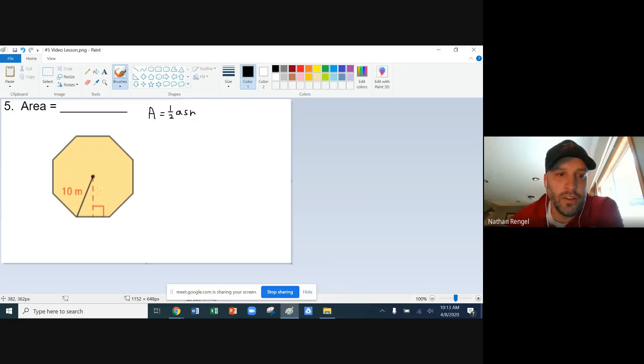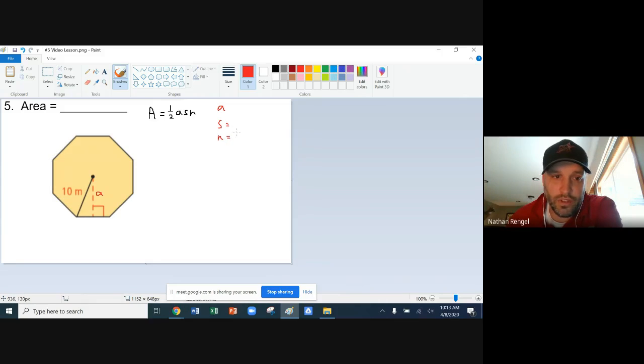So that would be looking down at our regular polygon, that would be this right there. We also need to know what our side length is, and then we also need to know what our number of sides is. So what I'd like to do is I just like to organize my variables over here, and then we just find each of those three.